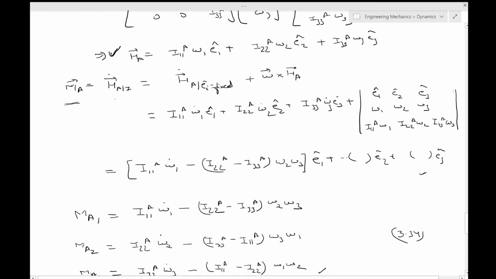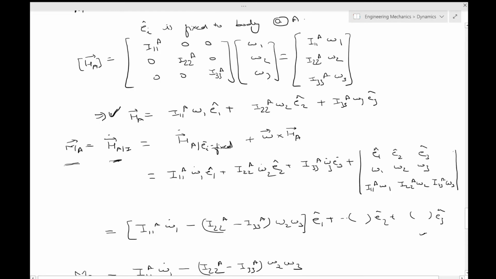That would mean that this moment of momentum is constant. Now this will not necessarily mean that omega will be a constant. So this being a constant does not imply that this is also constant. This is something which will be discussed perhaps slightly later on, if at all.